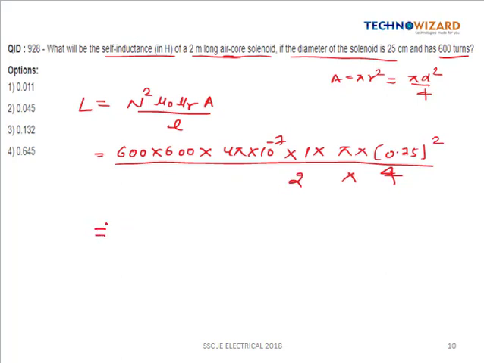Let us simplify and we will obtain 111033.05 into 10 to the power minus 7 Henry, which can also be written as 0.011 Henry. So option A is the right answer.